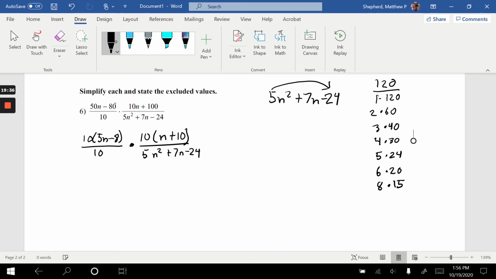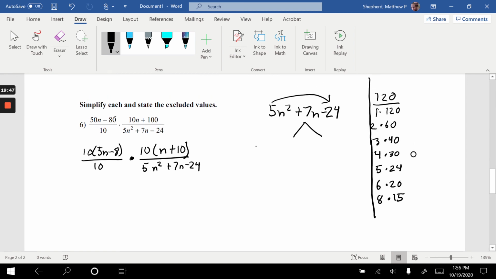Well, 15 minus an 8 could give us a 7. So there we've got our numbers. So we're going to split that 7n into 2 chunks. So we'll have 5n squared plus 15n minus 8n, which is what we separated the 7n into, minus 24.